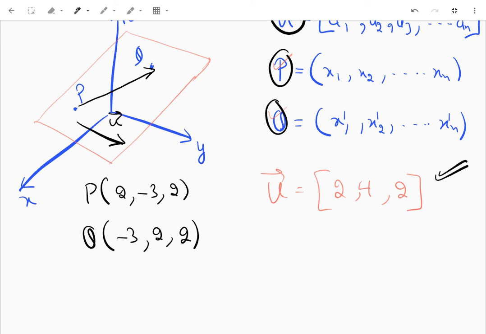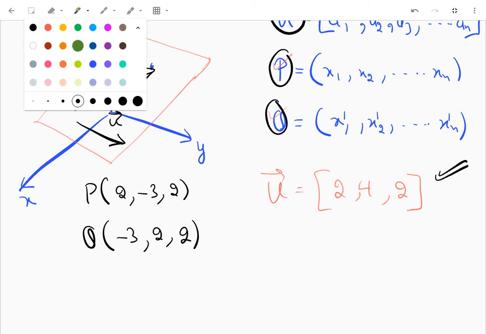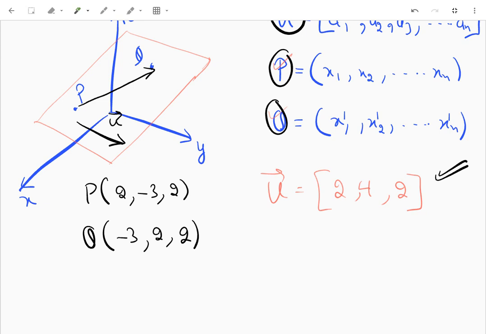See, we know about cross product, right? So cross product is, if I have two vectors, then cross product gives me a third vector that is perpendicular to these two vectors, right? So this is what we will do.